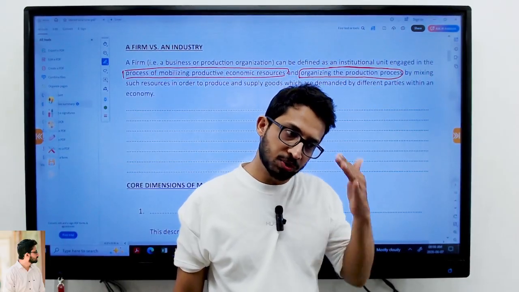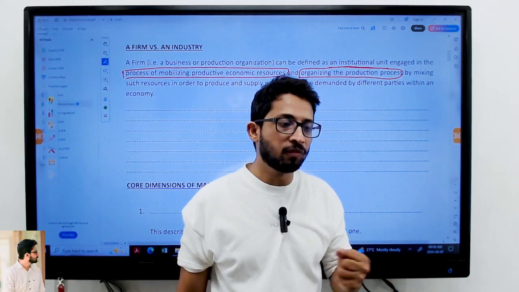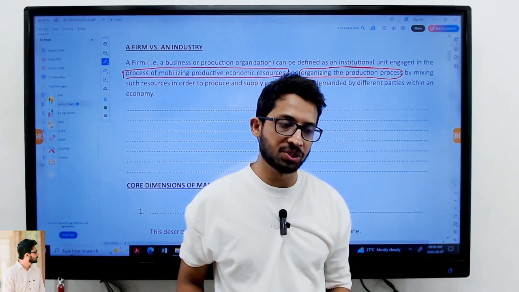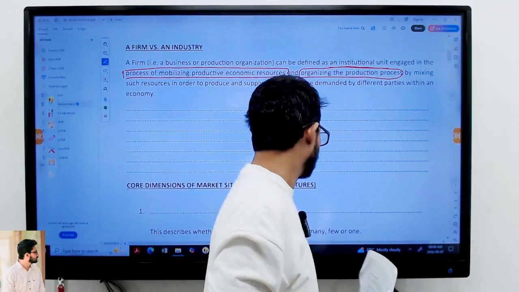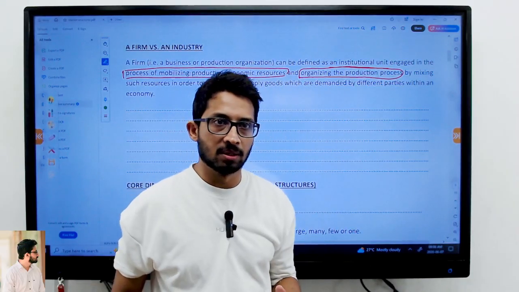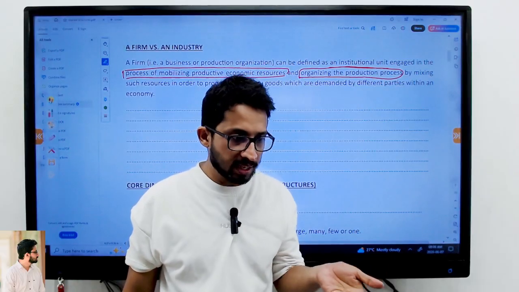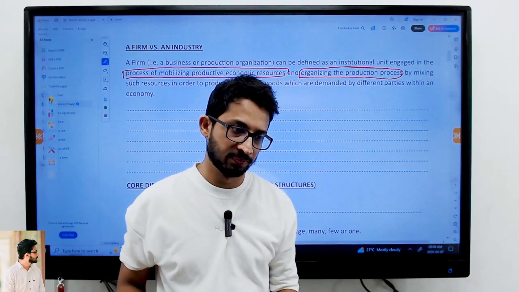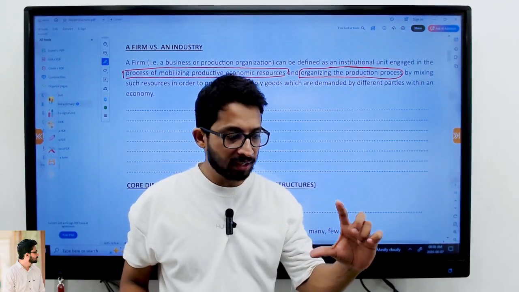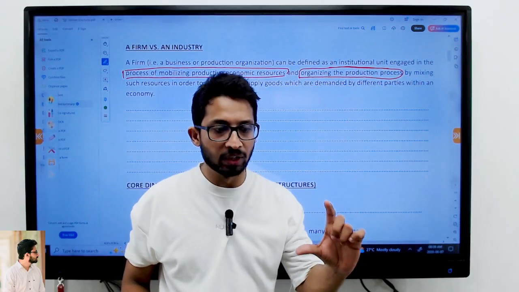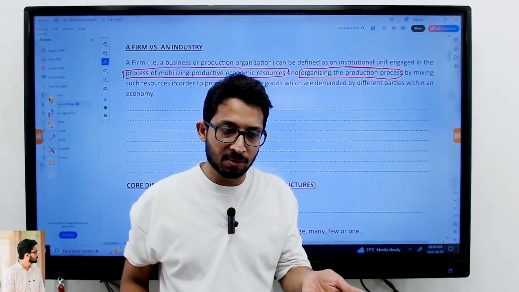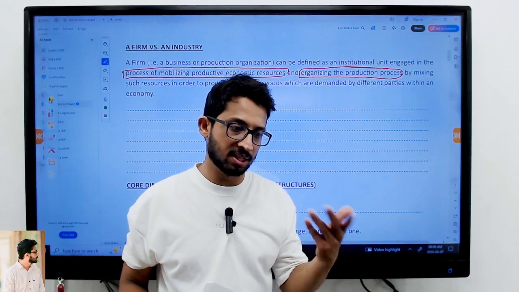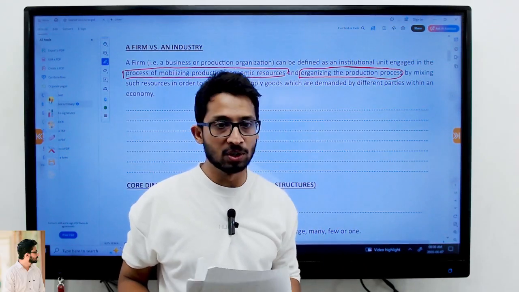Okay, Lamai. When it comes to industry, industry means the sum of all firms, the collection of all business firms. Best example: Commercial Bank or Sampath Bank is one firm, one of the businesses in the banking industry, which organizes the production process and mobilizes factors of production in order to produce goods and services wanted by consumers.